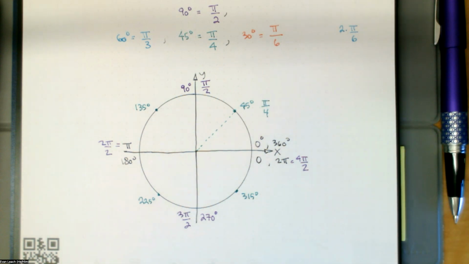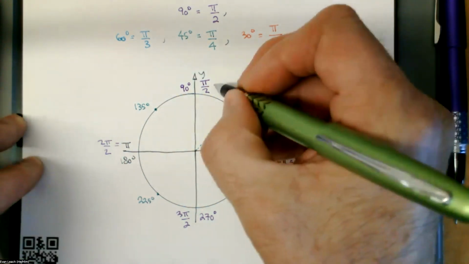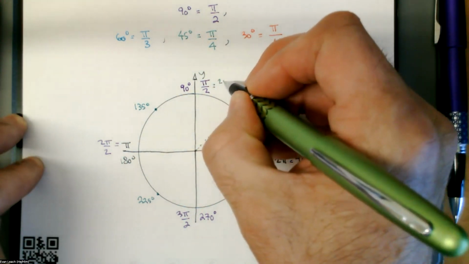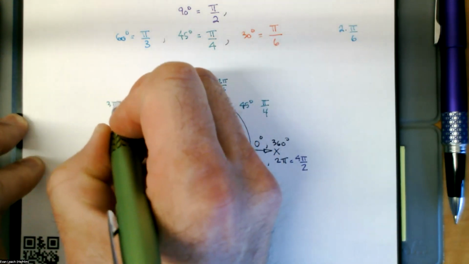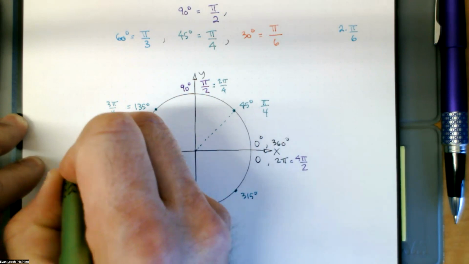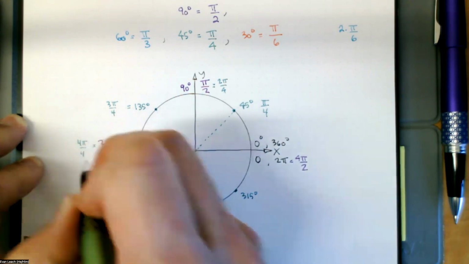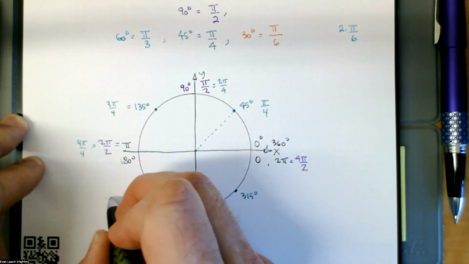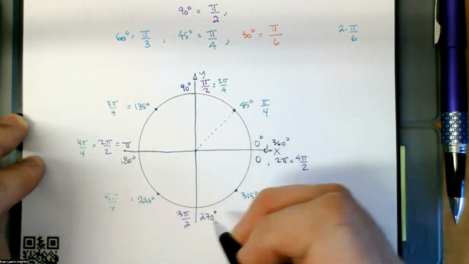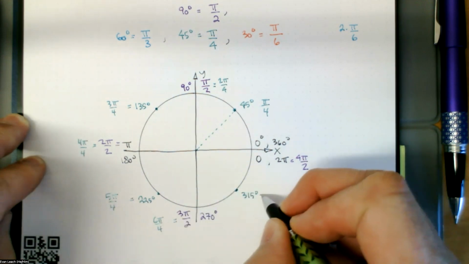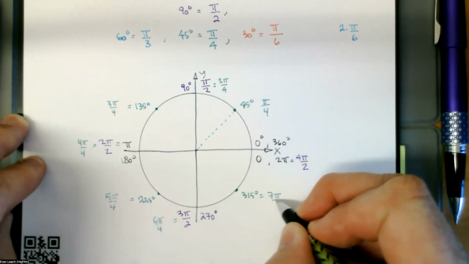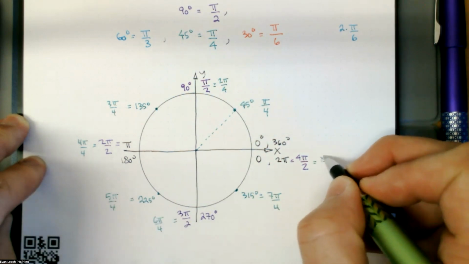Just count around in pi over 4s. Associate pi over 4 with 45 degrees.